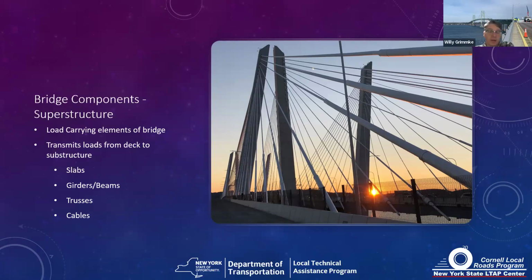It may be beams or girders, which tend to be the most common. What we see the most of are multi-girder bridges. For longer spans, we sometimes have trusses. And for other much longer spans, we'll have cable superstructure.